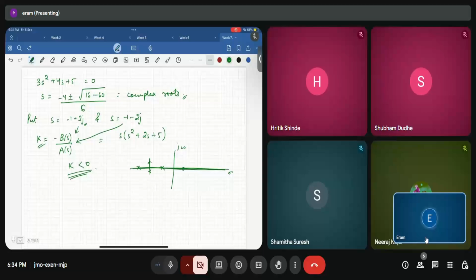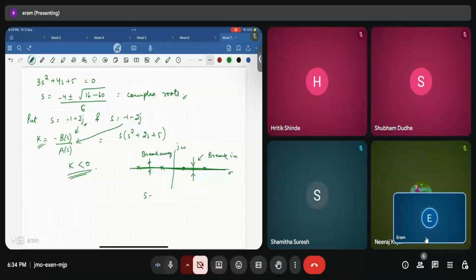Or if we have zeros, then the root locus will come in. So this denotes the break-in point, and this denotes the breakaway point, and it occurs on the real axis, right?